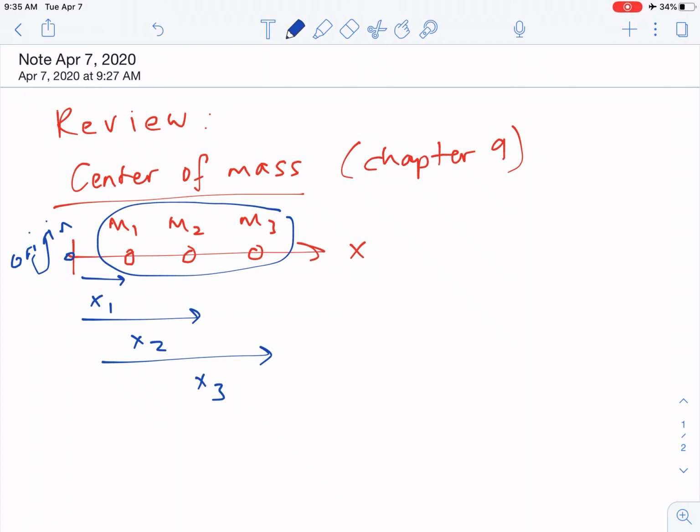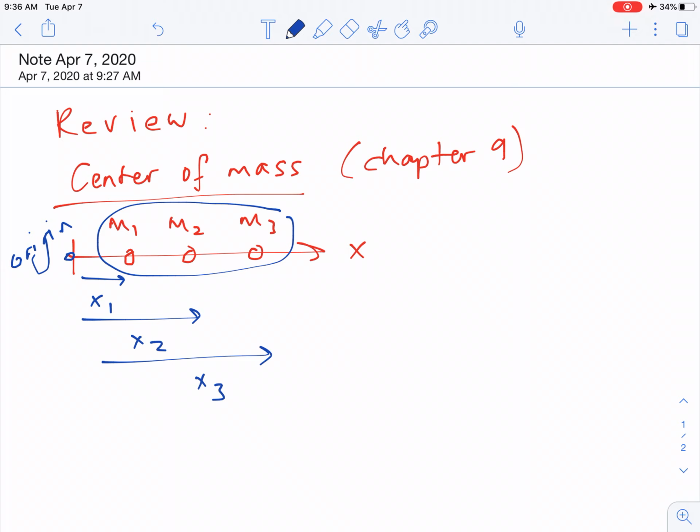Or if they are all the same, and also the distances between m1 and m2 and m2 and m3 are the same, then the center of mass of the system would be right at m2. Okay, but it would be in between 1 and 3 if it was a one-dimensional case.